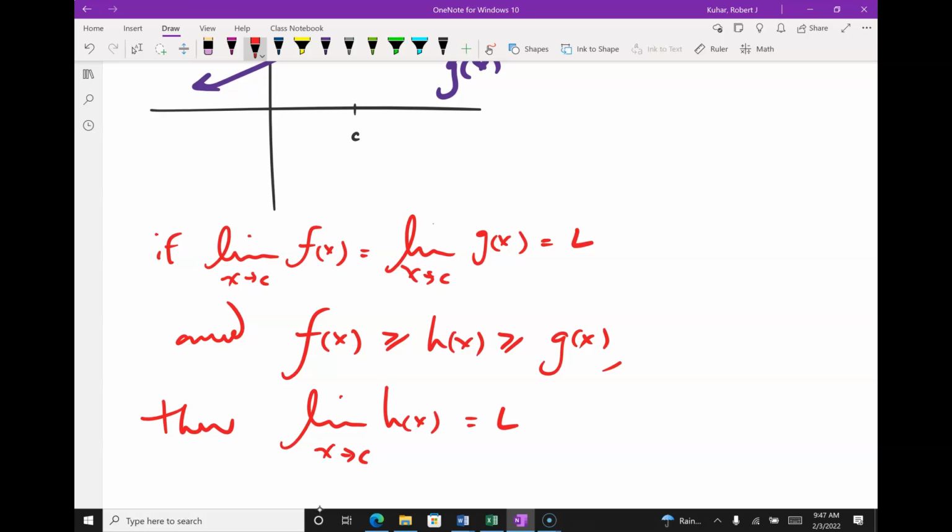What I can do is find these two limits as I have in the past, and show that this is true, and then I'm done. So I'm doing my algebraic limits on the outside functions, and this is how I get a squeeze limit.